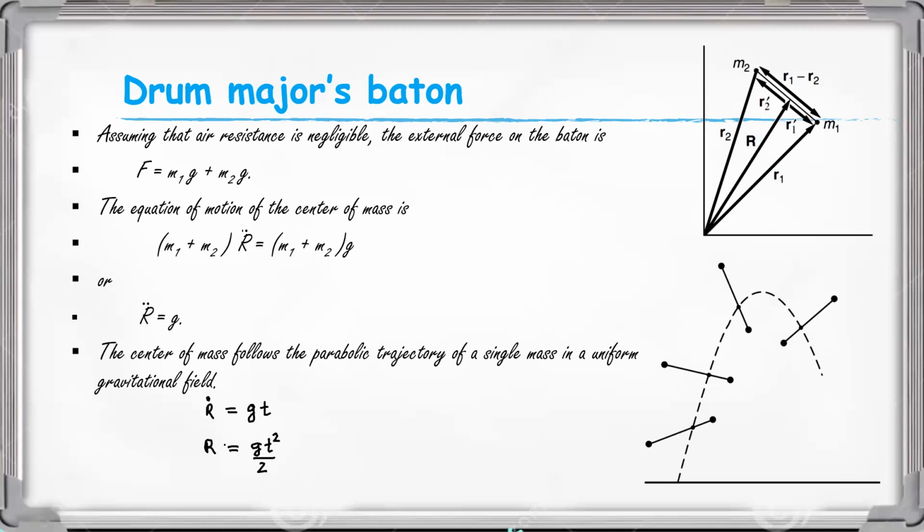Look at the quantity: R is equal to GT square by 2, where R is the position and T is the time. Then it is a parabola. R is proportional to T square. It expresses a parabolic path.